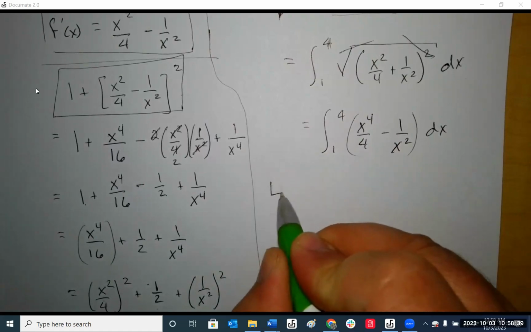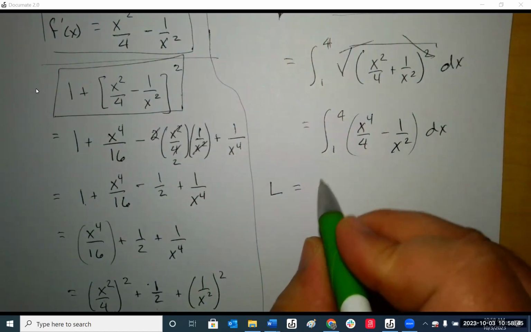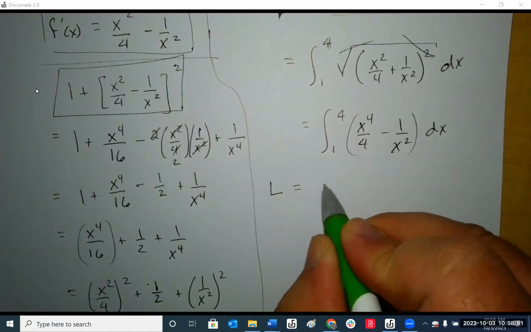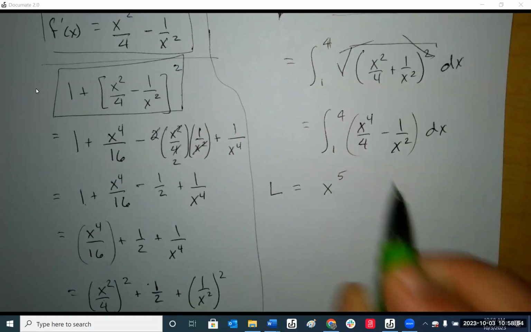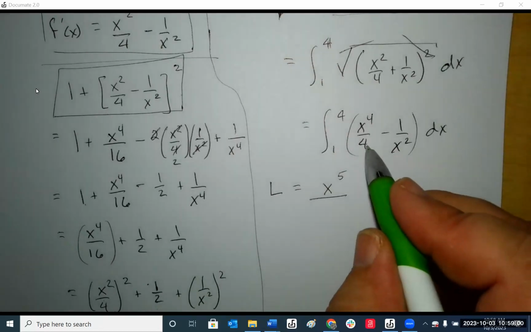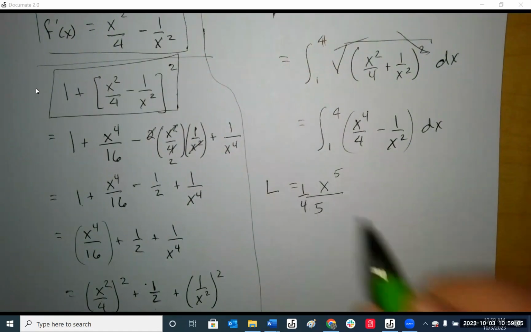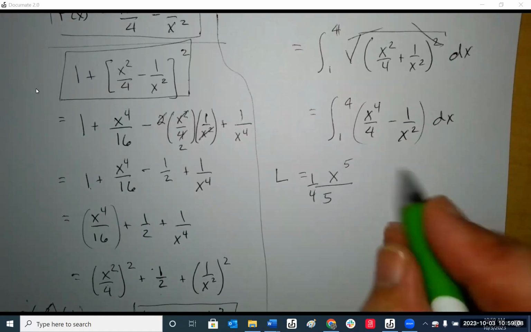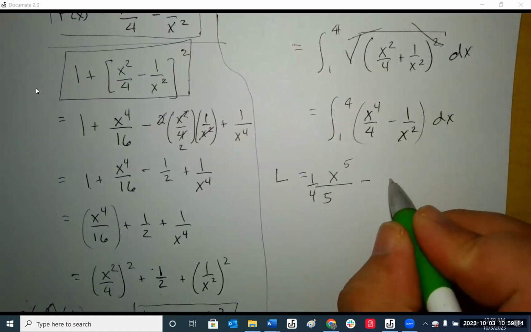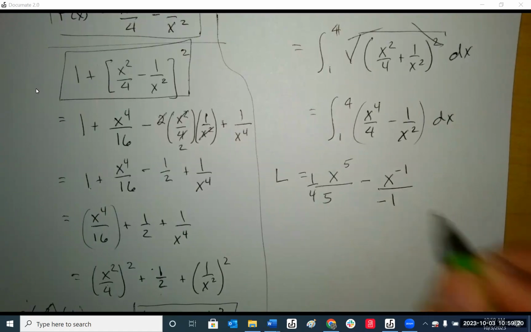Because now, when we take the integral of both of these parts separately, the integral of this first part is x to the 5th over 5. Well, I take out the 1/4 times 1/4. X to the negative 2, so it becomes x to the power negative 1 over negative 1.